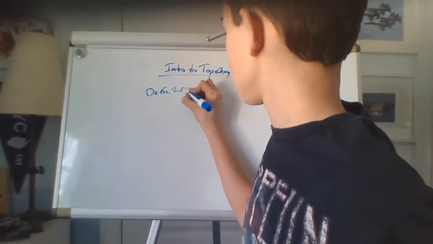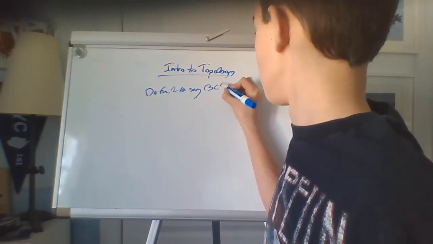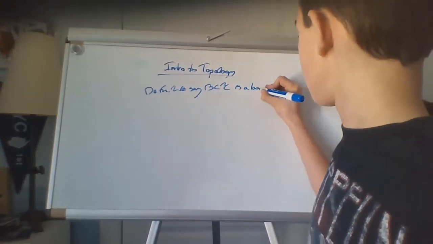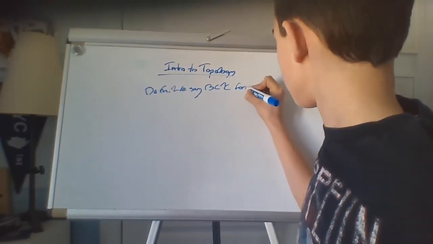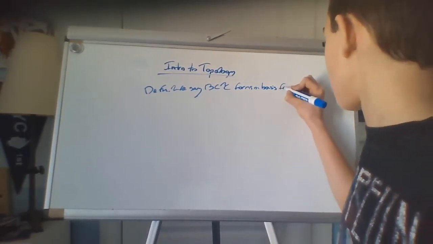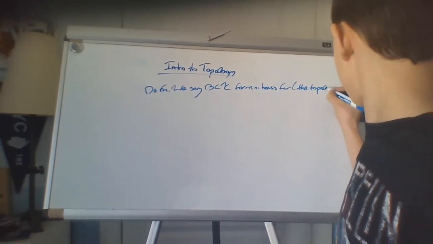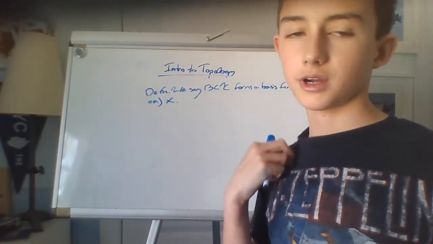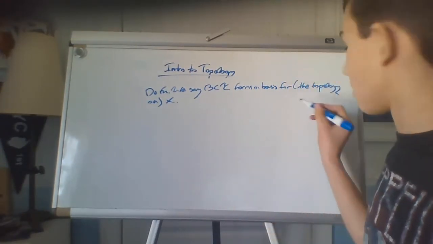So we say a collection B, a subset of tau, forms a basis for the topology of X, and if the topology on X is well understood, then we'll usually leave this part in parentheses out.